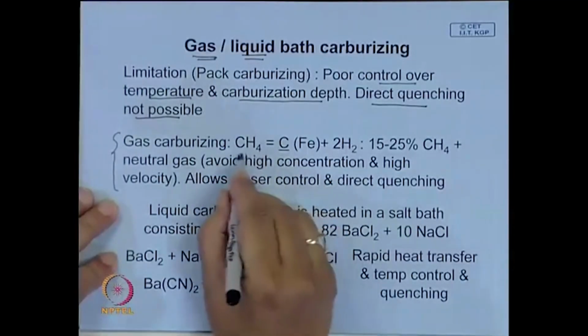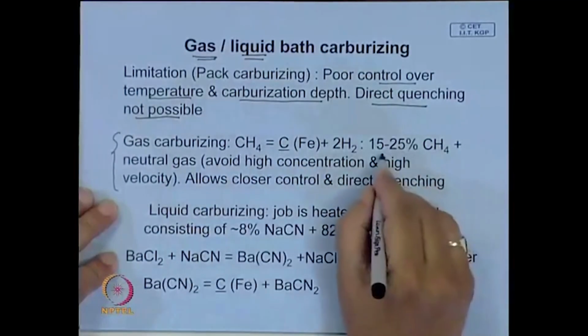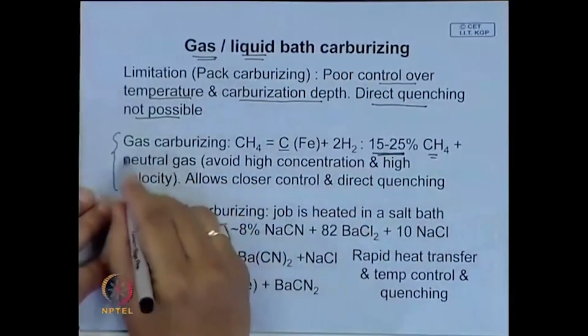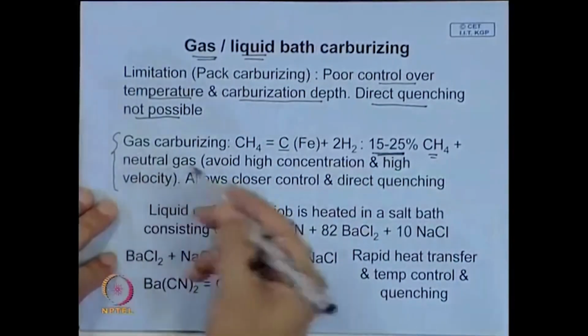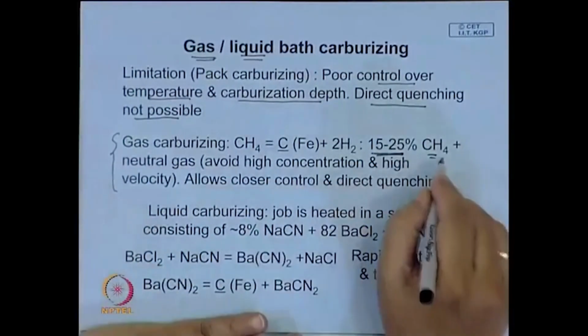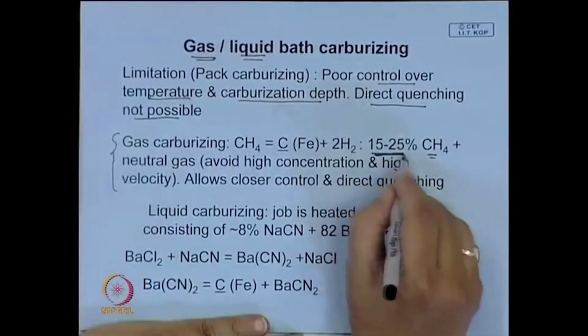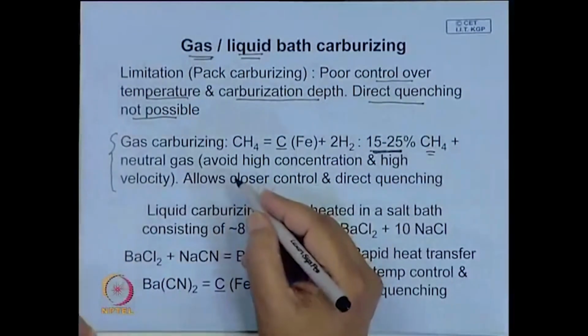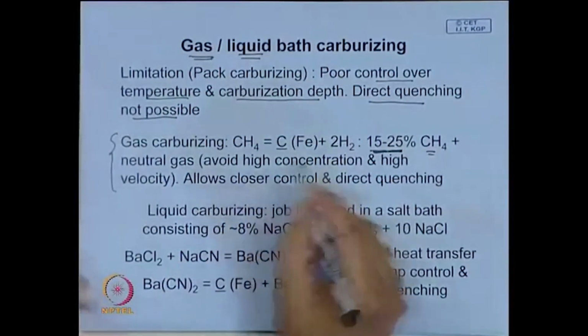A very common gas mixture is around 15 to 20% methane with some neutral carrier gas. It could be nitrogen or argon, which does not react with steel. Nitrogen is quite cheap and quite popular.